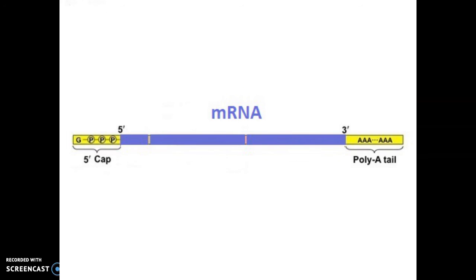It is a necessity for initiating translation, which follows transcription. There is also the addition of several adenine nucleotides, and we call it the poly-A tail. The poly-A tail is going to attach to the 3' end of the newly synthesized RNA, and its job is to protect the RNA, in this case the messenger RNA, from degradation in the cytoplasm.